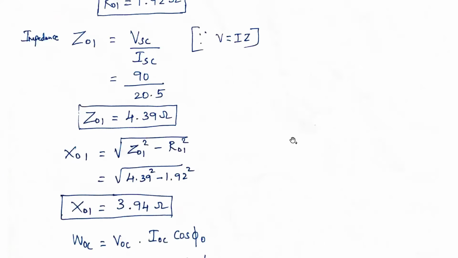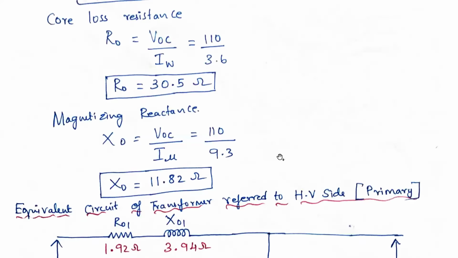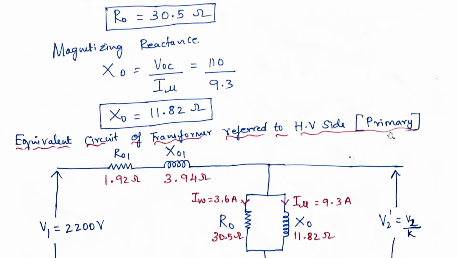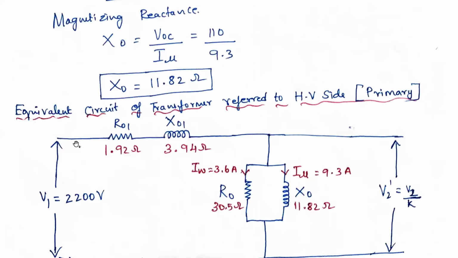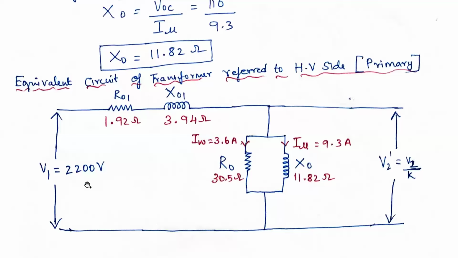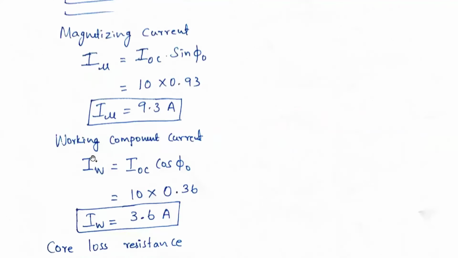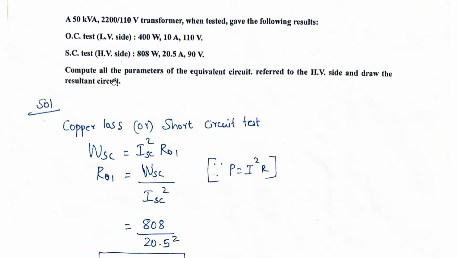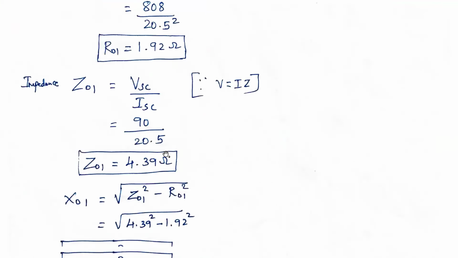So we are drawing it referred to the primary side, which means we take everything to the left side. On the primary side, R01 and X01 I am mentioning. Here it is V1, given in the problem as 2200 volts.